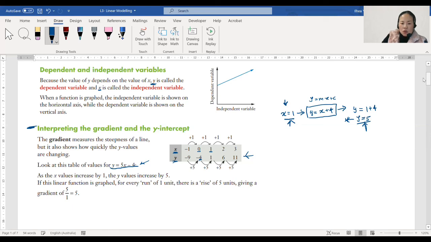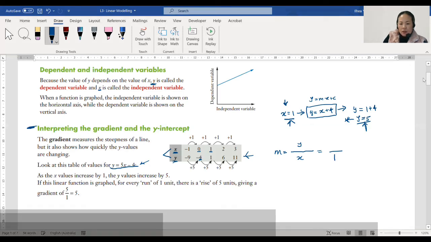Now, do you remember the gradient formula? M equals rise over run. And also, in a previous lesson, we've done rise over run with the 2 points. Change in y is my rise. Change in x is my run. So we're looking at these two here. If the pattern for the x is going up by 1, I'm going to put 1 here.